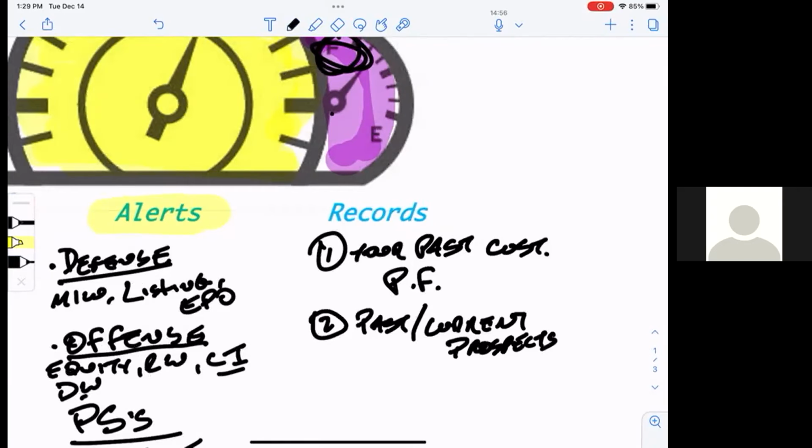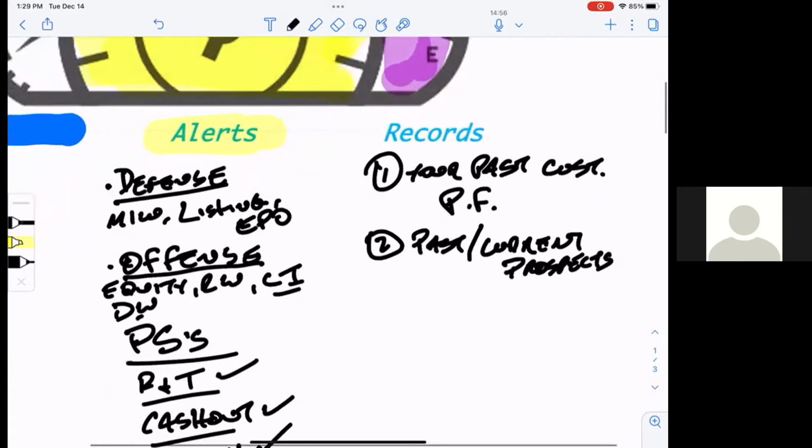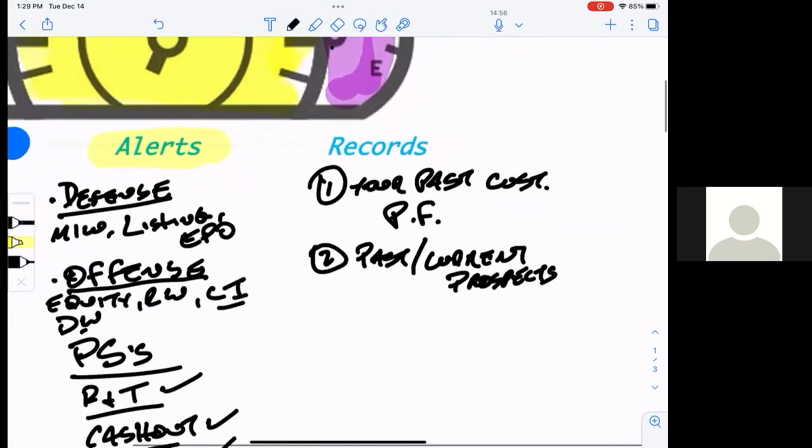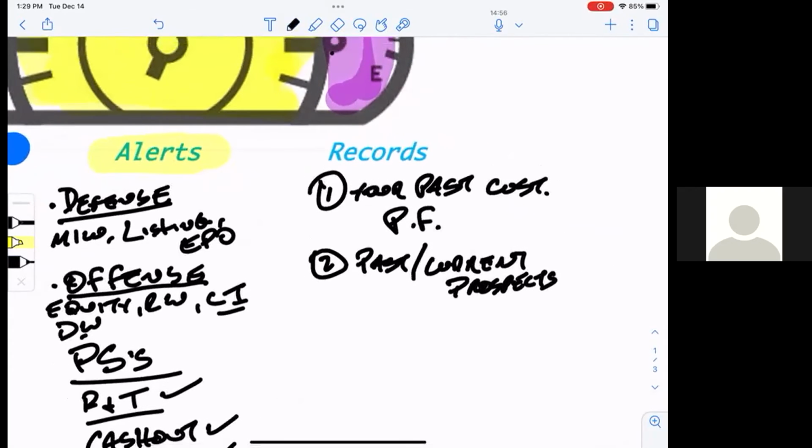Minimum, and I mean a minimum of 3% of your database is on the move every single month. Every single month. So remember over here, I talked about in the alert section, there's defense, there's people that are on the move. Minimum 3% of your database is on the move every single month.